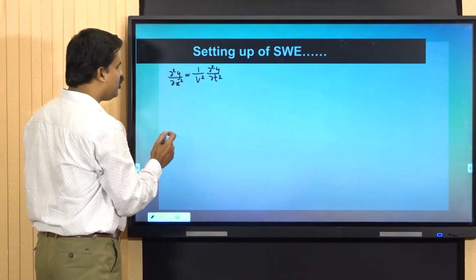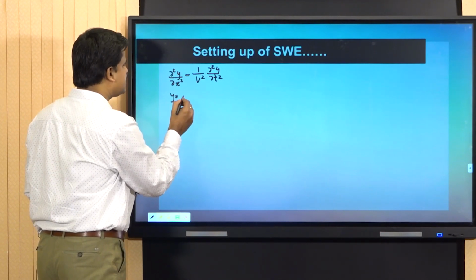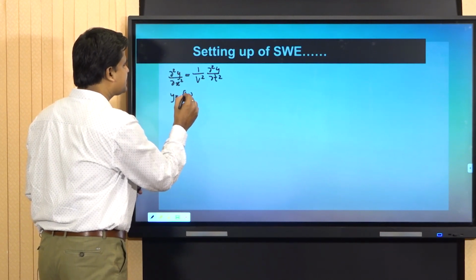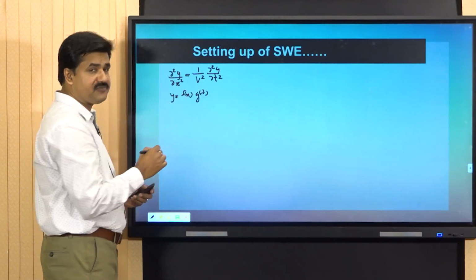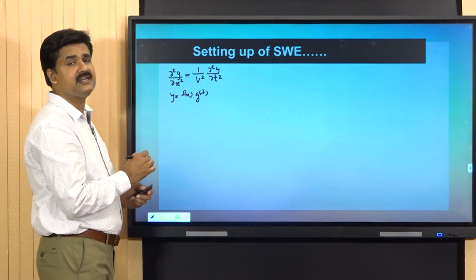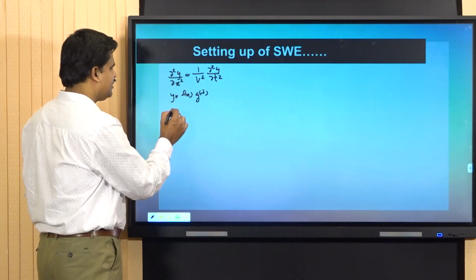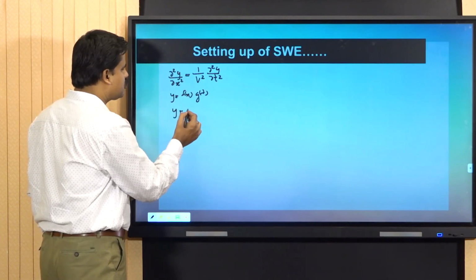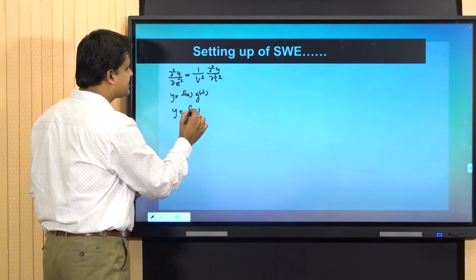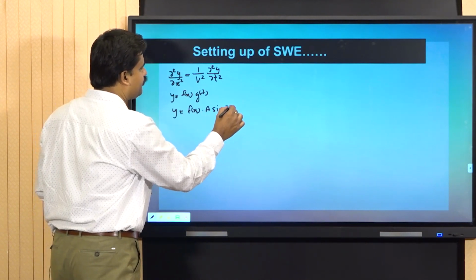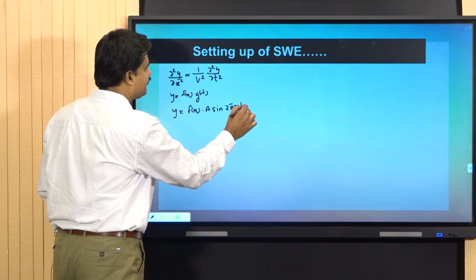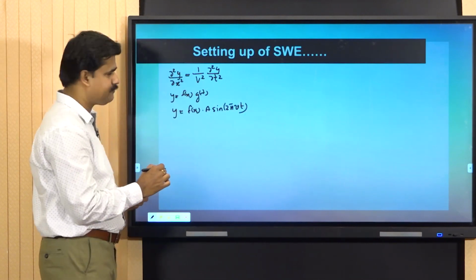And we know that y is equal to f of x into g of t. But g of t is equal to a sin 2 pi nu t. That is, y is equal to f of x into a sin 2 pi nu t, where nu represents the frequency.